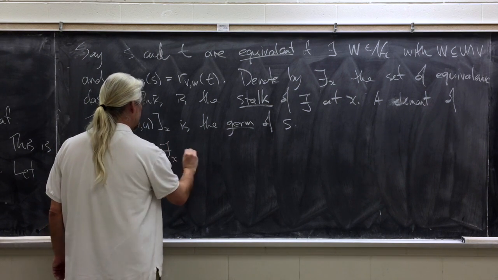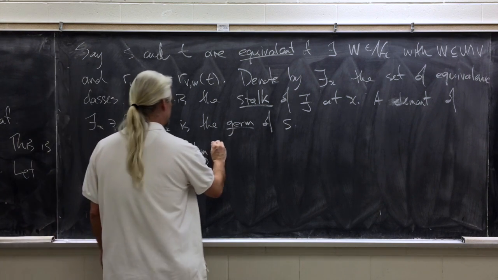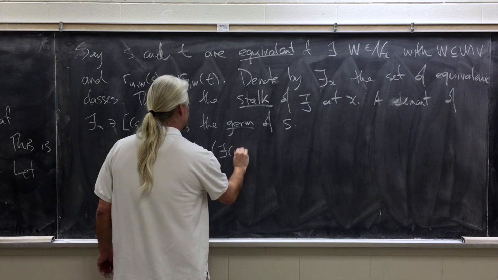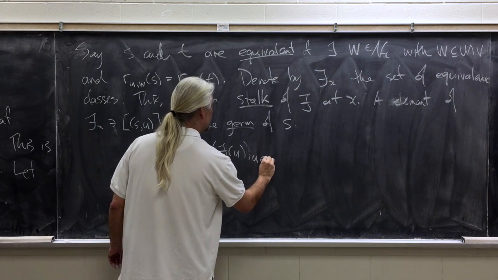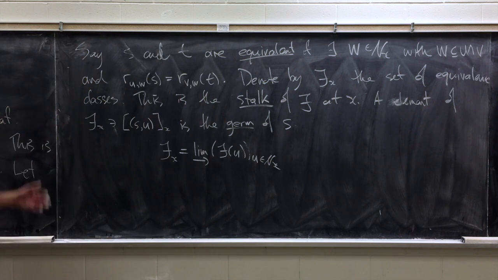F_X is the direct limit of these guys, where U runs over the neighborhoods of X. As long as your category has direct limits, and all of the categories that we will be talking about have direct limits, this definition of stalk makes sense. But concretely, in the category of sets, and for all of the examples that we're going to be talking about, this equivalence construction is the one that you should have in mind.